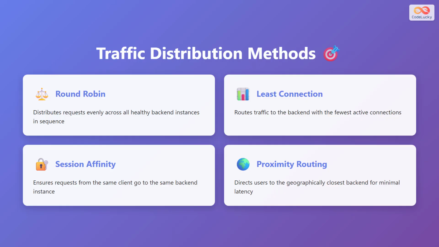Session affinity, also called sticky sessions, ensures that requests from the same client go to the same backend instance, which is essential for applications that maintain user state. Proximity routing directs users to the geographically closest backend to minimize latency, providing the fastest possible response times. Choosing the right distribution method depends on your application's specific requirements and architecture.